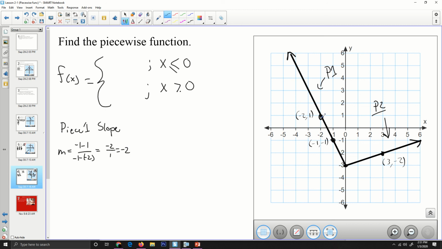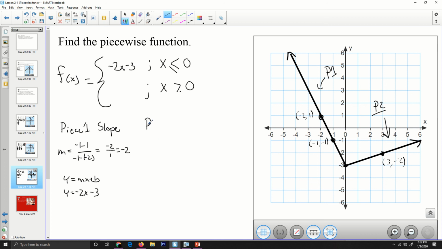That makes sense because if you look at it, down 2, right 1, that's my slope of negative 2. And so if I go y equals mx plus b, I already know what the slope is. It's negative 2x, and if we notice, this has already given me the y-intercept. It's right here. So I'm just going to cheat and go negative 3 there and say that my first piece is negative 2x minus 3.